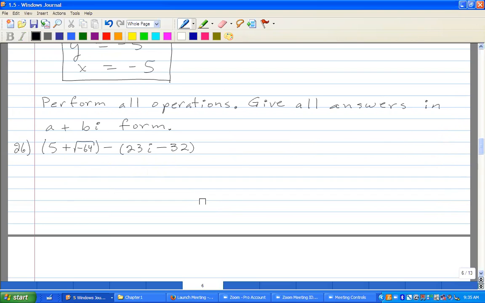So problem 26: 5 plus the square root of -64, minus (23i minus 32). First, let me simplify the square root of -64. The square root of 64 is 8, and the square root of a negative number gives i.